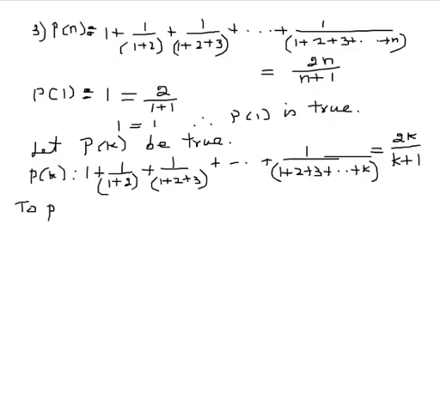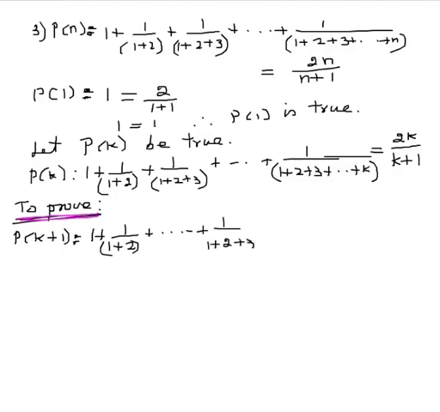Now to prove, let us write P of k plus 1 statement. Which is 1, 1 by 1 plus 2, second term, third term, etc. I am writing kth term, 1 plus 2 plus 3 plus up to k.